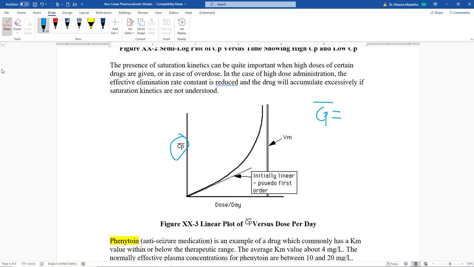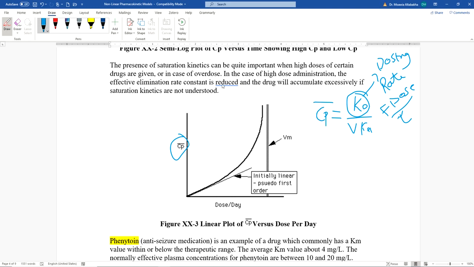We know that CP average is equal to K0 over the clearance, V times KL. What is K0? It is the dosing rate, which is dose divided by tau, or F times dose divided by tau. So the higher the dosing rate, the higher the average concentration.